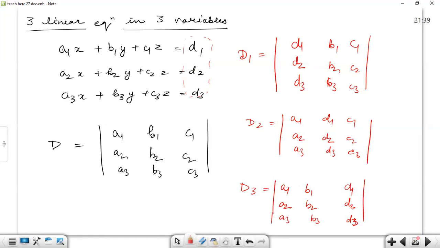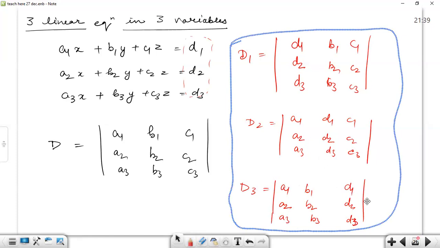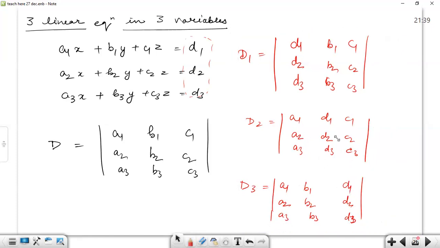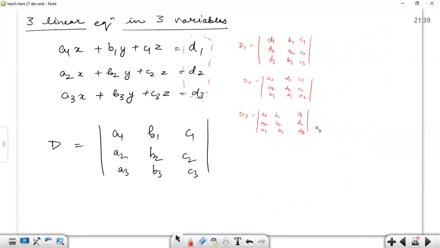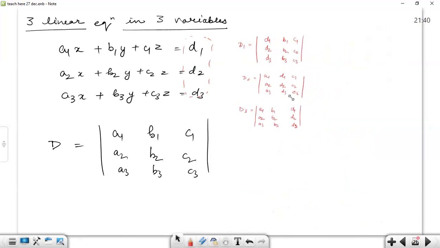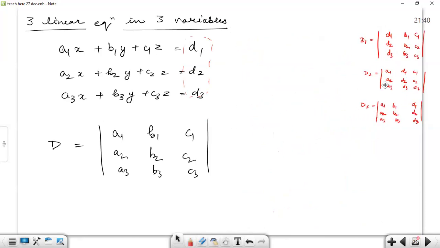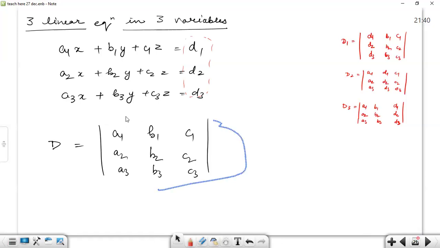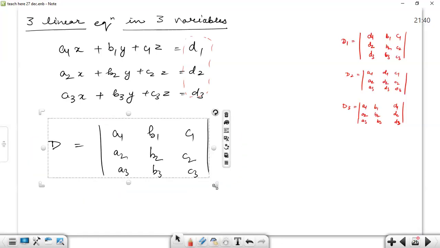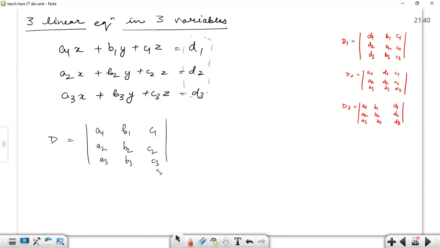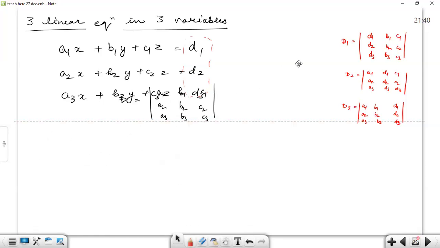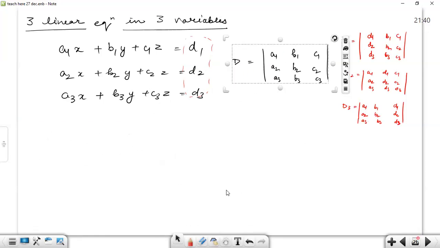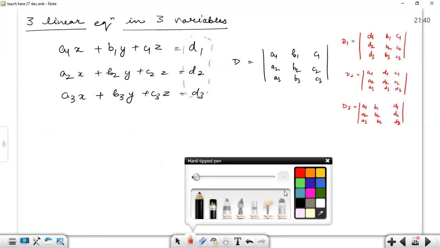Now is that clear how we are making D1, D2, D3? So this is D and these are D1, D2, D3. Same rule applies here also.